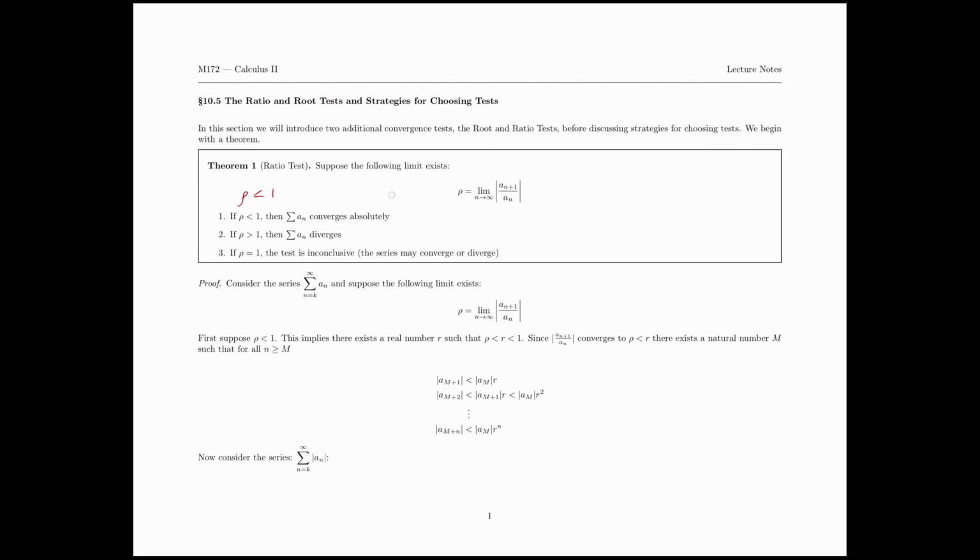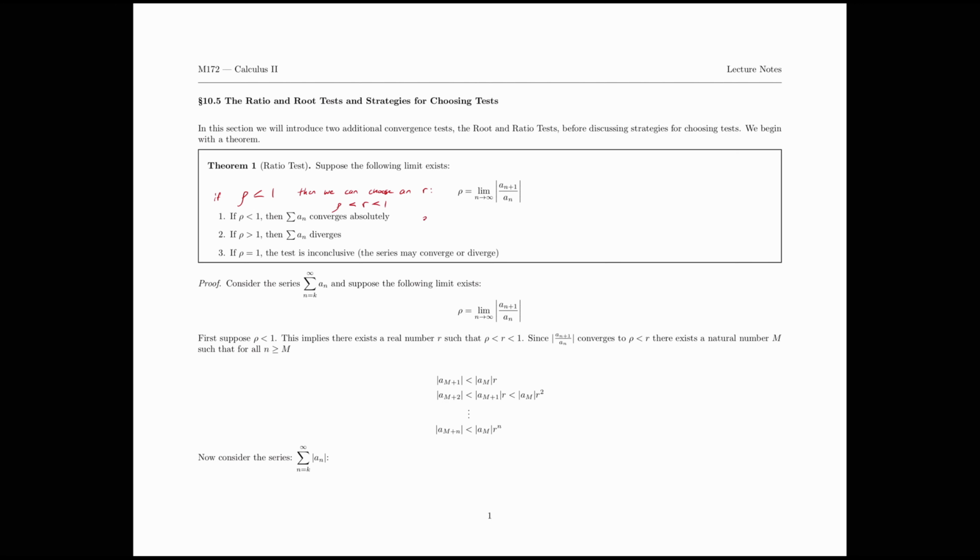Let me rephrase this. If rho is less than 1, then we can choose an r such that r is between rho and 1. We're free to do that.